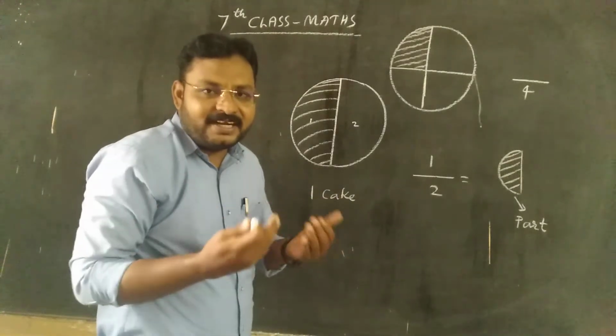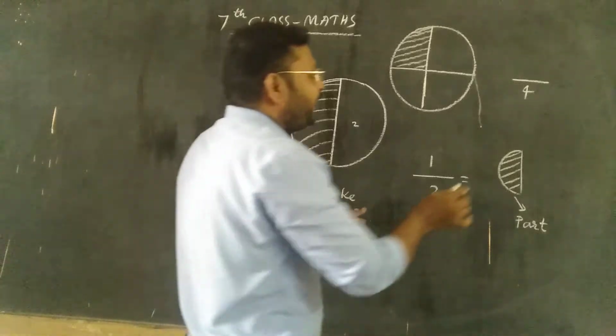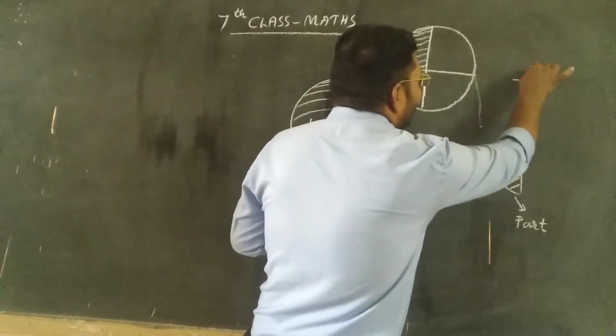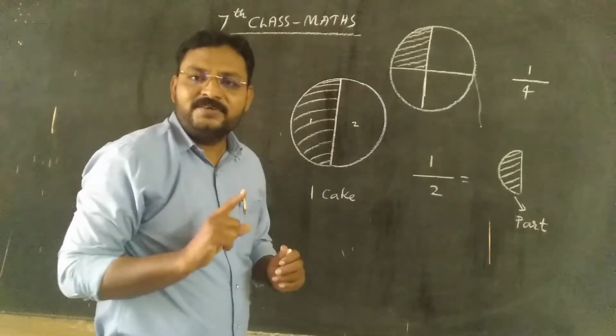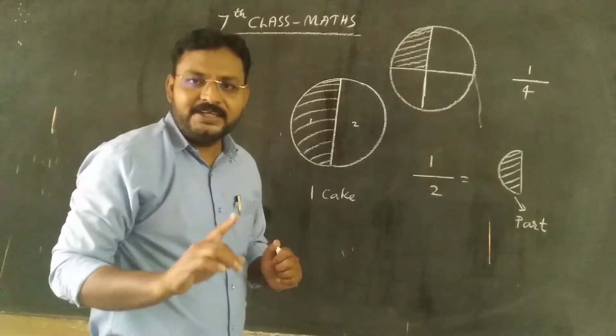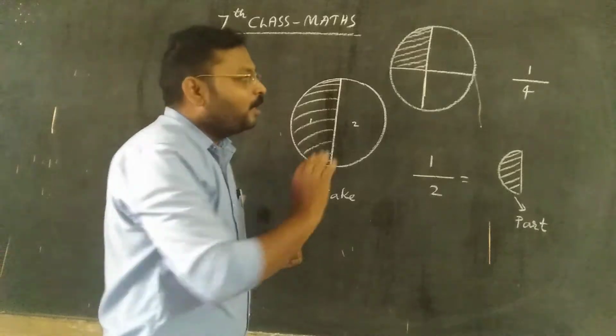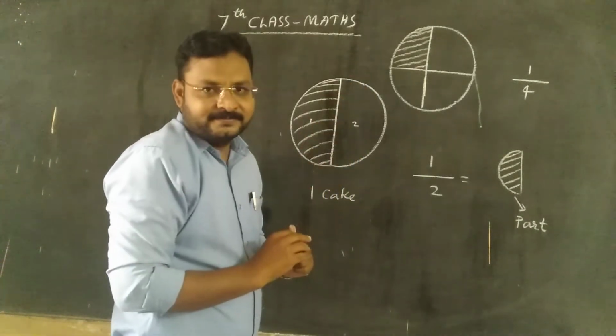One region is shaded, so you write 1 above the cross line. Only one region we shaded here, so you write number 1 above the cross line.